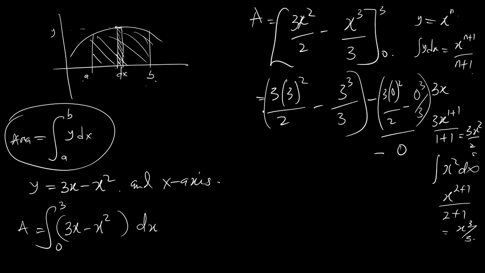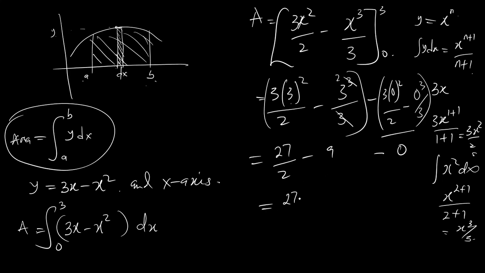So we are left with 3 times 3 squared, which gives 27 divided by 2, minus 3 cubed divided by 3, where the 3s cancel and you have 9.